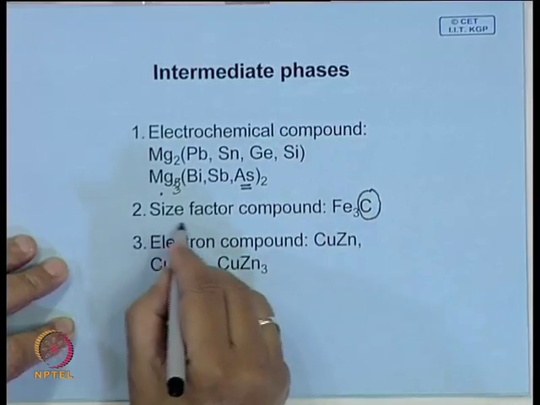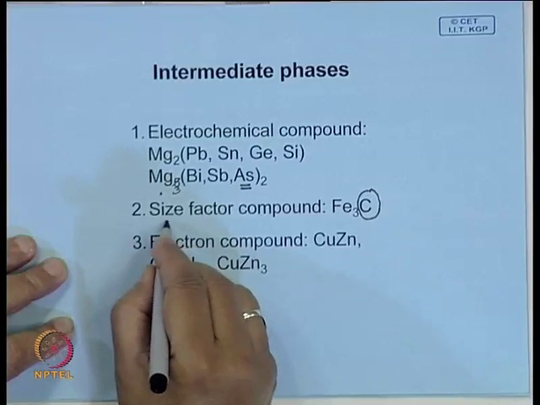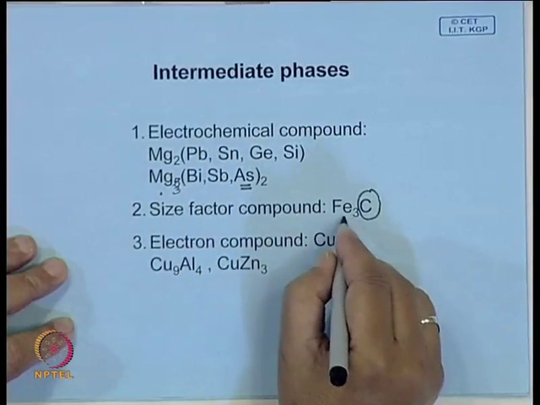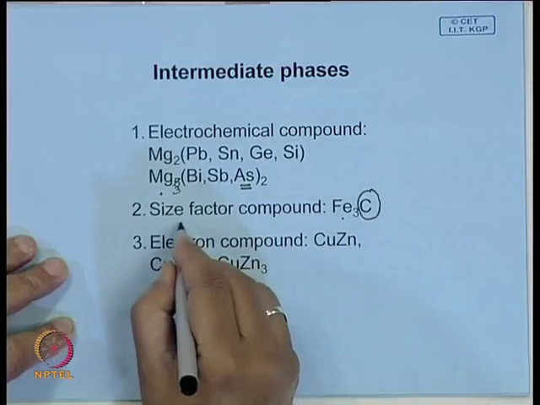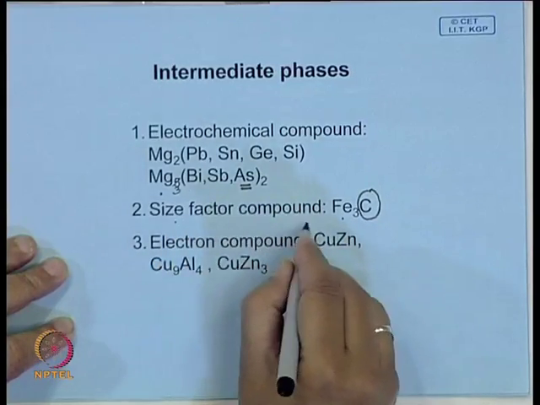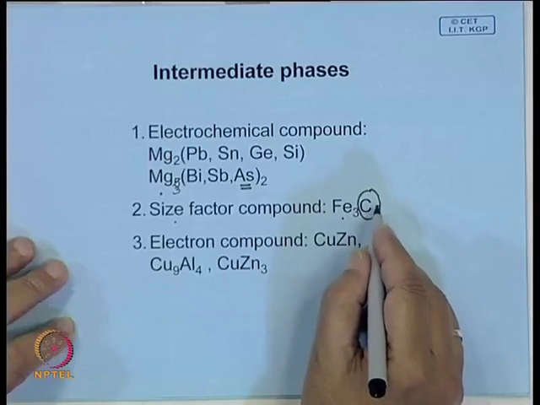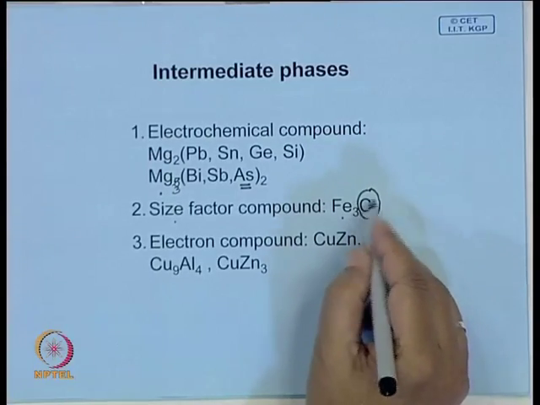In that case, there is a possibility that a compound may form, like cementite, which is Fe3C. This is called a size factor compound. This is not necessarily guided by their valency.